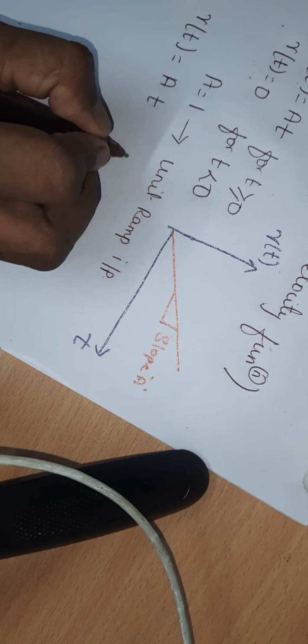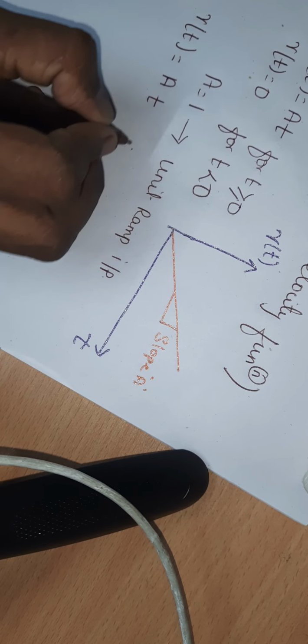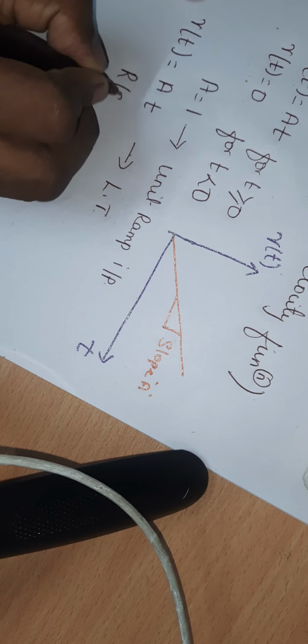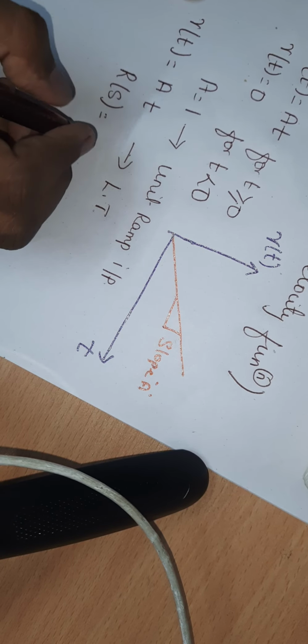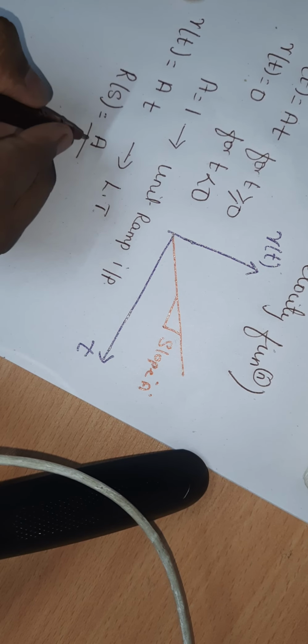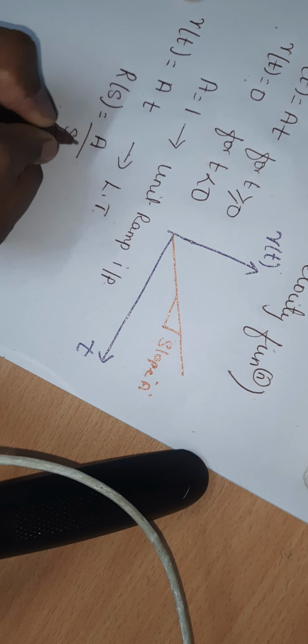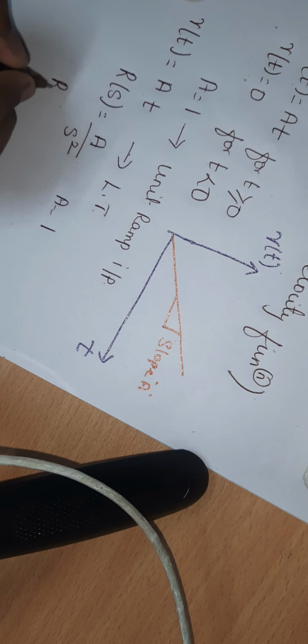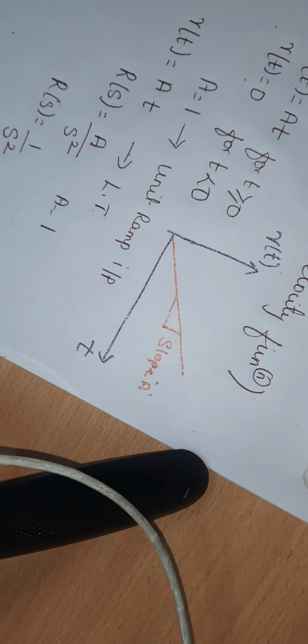Taking the Laplace transform, R of s is equal to A divided by s square, since the Laplace of t is 1 by s square. So if A is equal to 1, then R of s is equal to 1 by s square. This is for a ramp input.